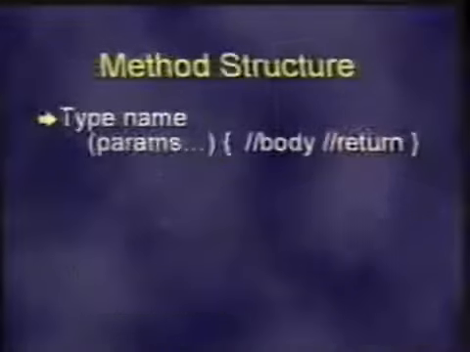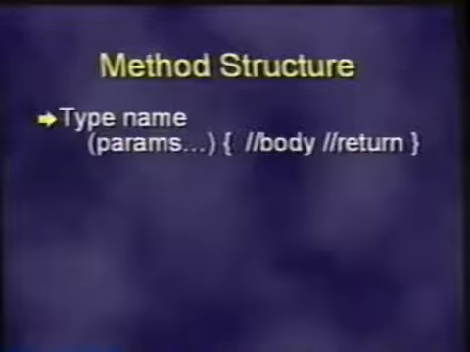The method structure starts with a type. That's the return type, or the object type of this method. You give the method a name, and then a set of parameters that are within parentheses. The body of a method is within curly braces and contains a set of algorithms, basically the workhorse of your application, and a return type.